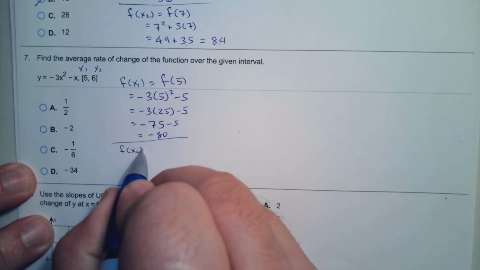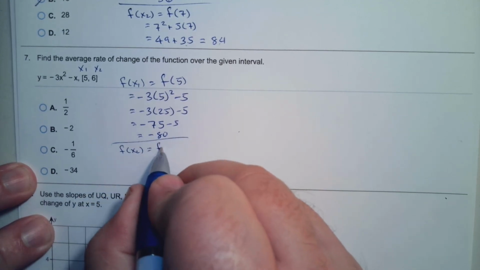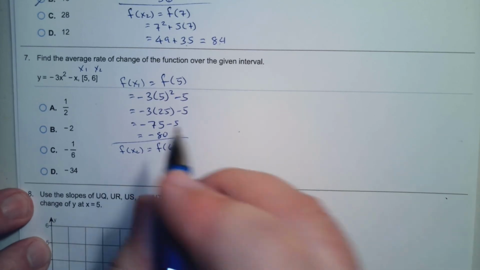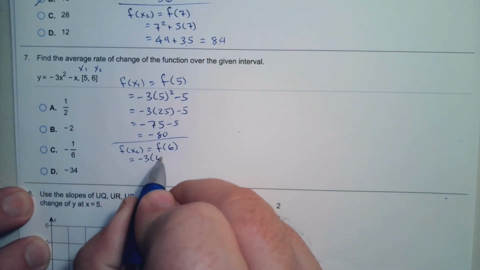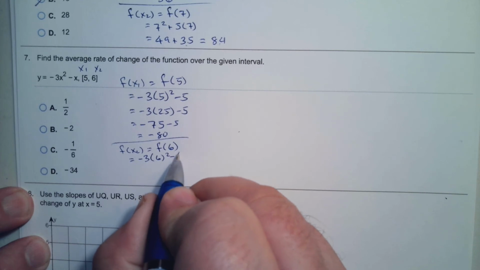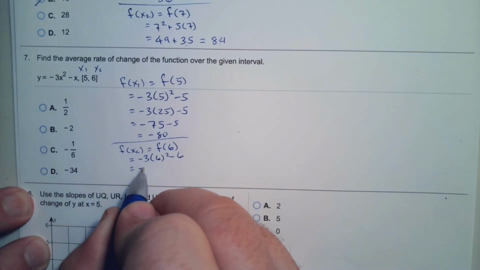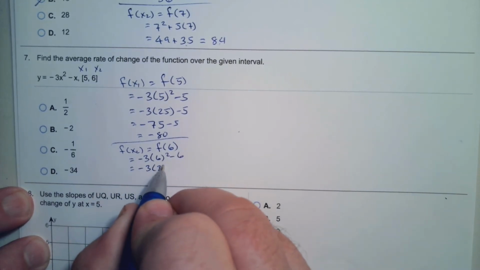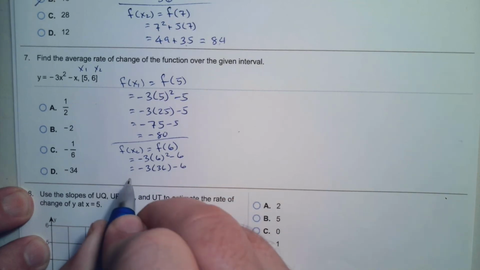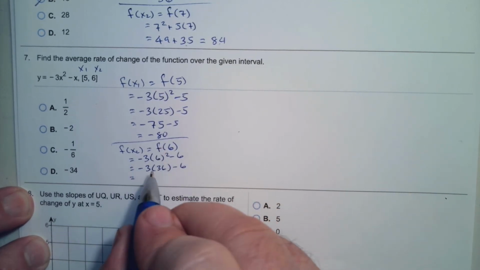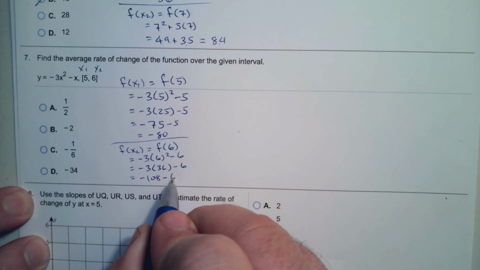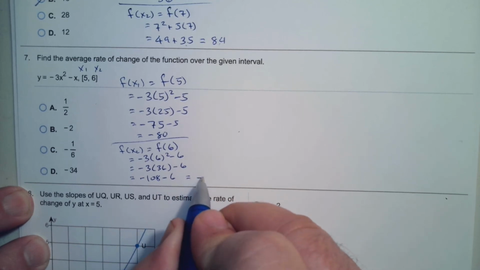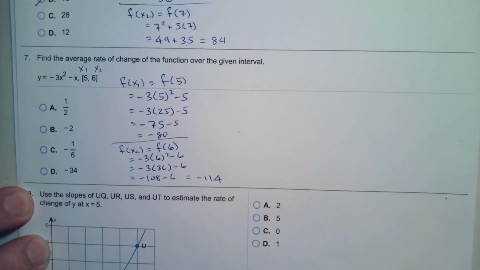F of x2, which is f of 6. Negative 3 times 6 squared minus 6. Negative 3 times 36 minus 6. Negative 3 times 36 is negative 108 minus 6, so it's negative 114.